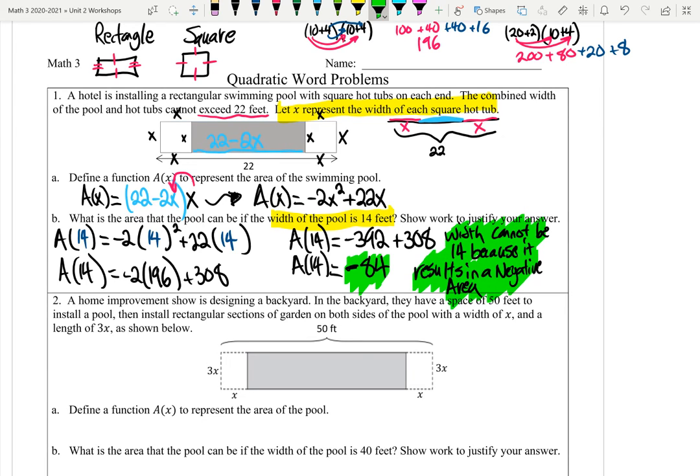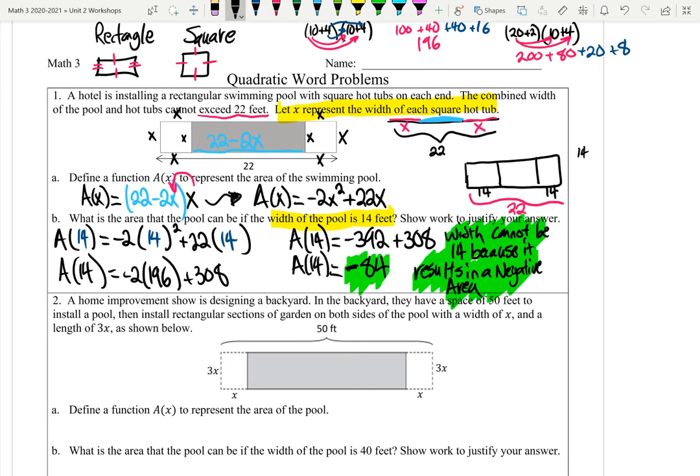But let's look at it in depth. Let's look at it with the picture. Let's imagine we're making ourselves some hot tubs and a pool because we live in that bougie house. The width of the pool needs to be 14, but the whole room is only 22 feet.